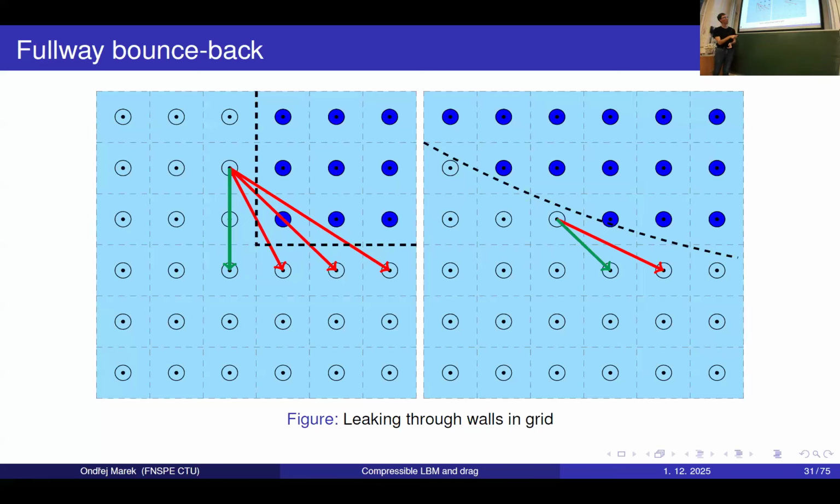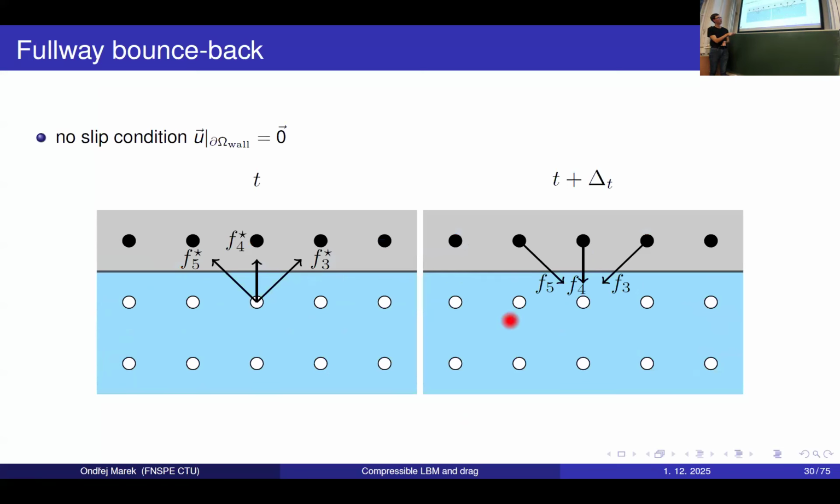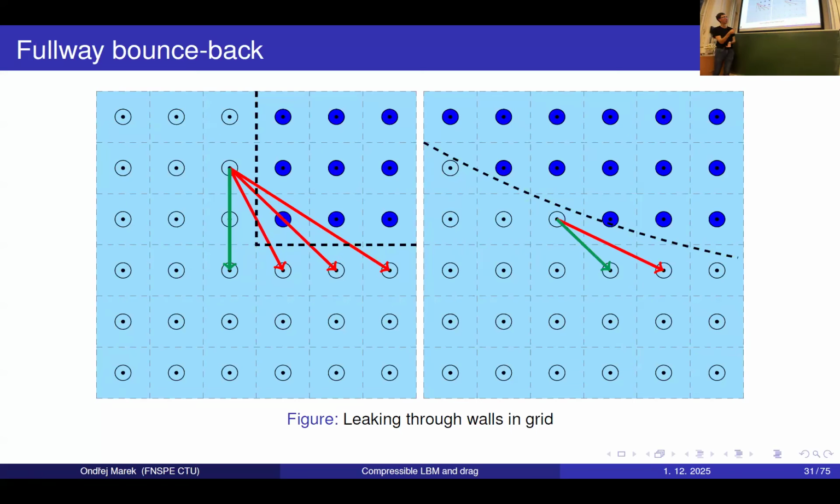But the problem here, when we have the multi-speed models, is that we can have some boundaries which are not just this wall at the edge, but we can discretize the objects in the fluid, convex boundaries. We can have some of the distribution functions going through the object.